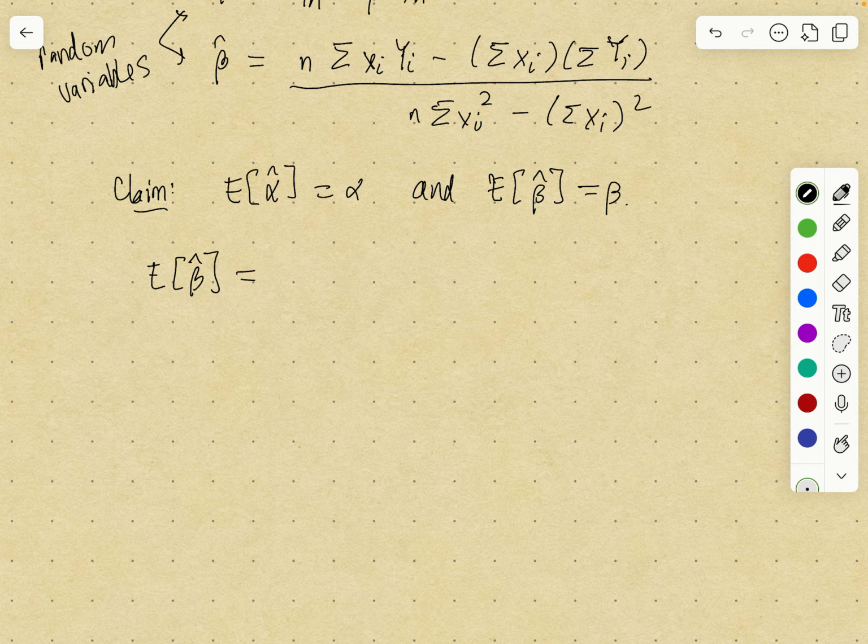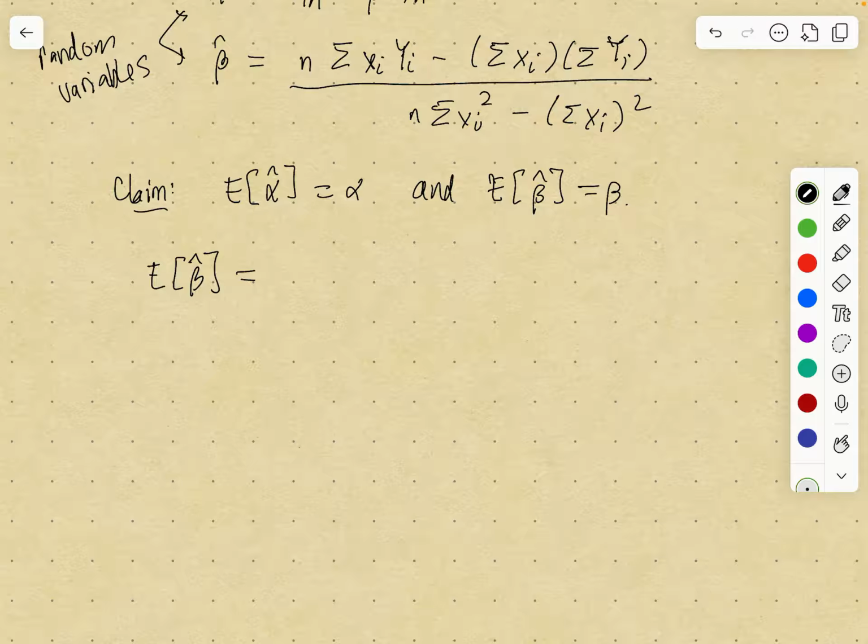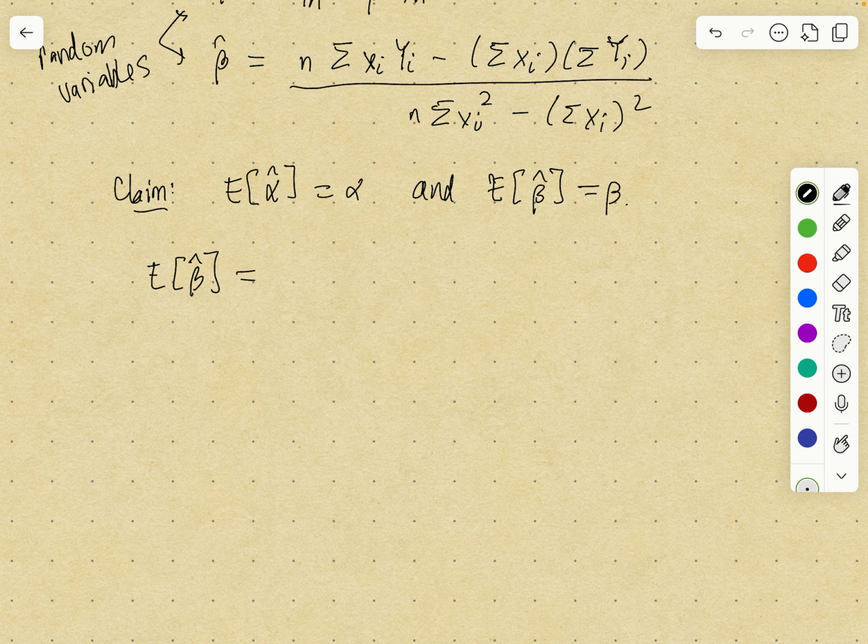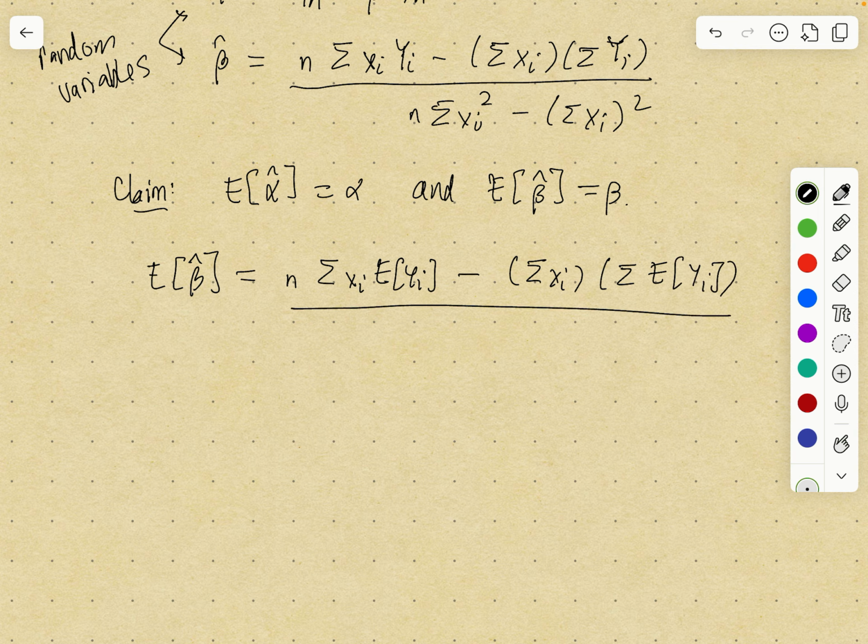The denominator is just a constant, and the yi's show up where they show up, so this expectation is n times the sum of xi times the expectation of yi, minus the sum of the xi's times the sum of the expectations of the yi's, divided by n times the sum of the xi squared minus the sum of the xi, squared.